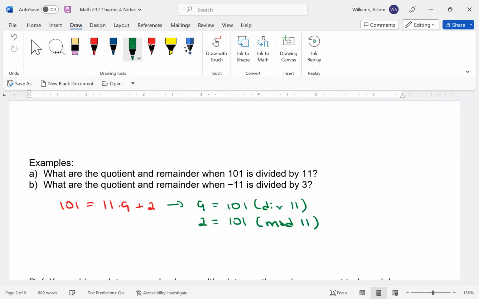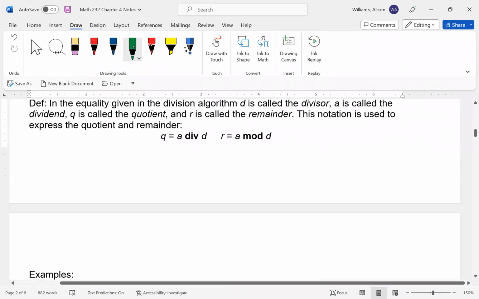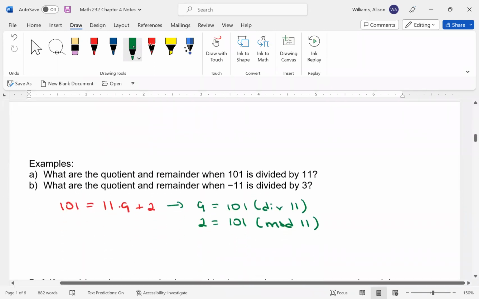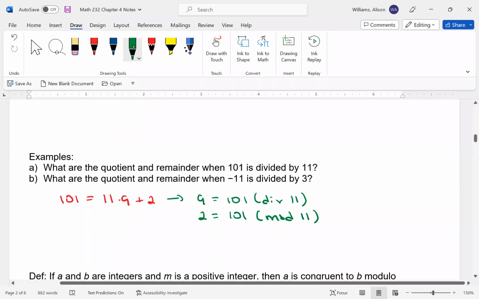Now, notice I used a parenthesis. That's because the notation used bold, and I can't do bold when I'm writing. So I use a parenthesis instead when I write the notation, just to indicate that I'm talking about getting this remainder, or div being the division, and we're talking about the quotient.